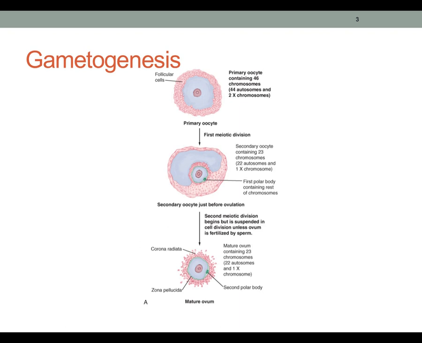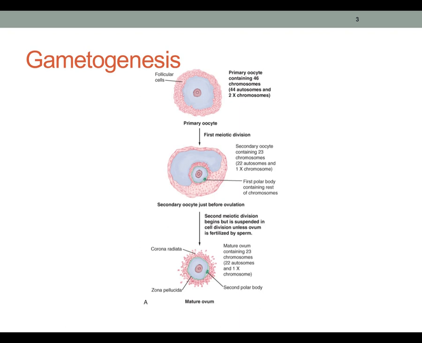So we start out with that oocyte and it divides. And so we have a primary oocyte and a secondary oocyte. And what happens is that half of the genetic material, 23 chromosomes, are in the primary oocyte, and then the secondary oocyte, there is a polar body that contains the other set of 23 chromosomes.